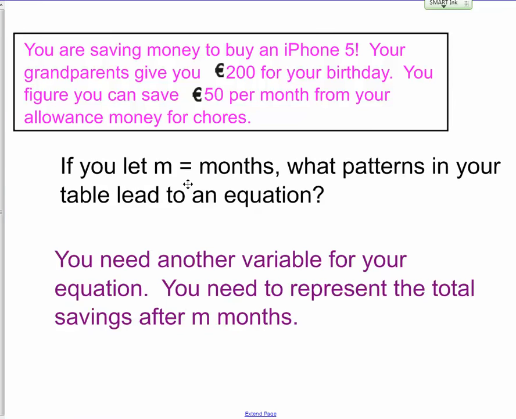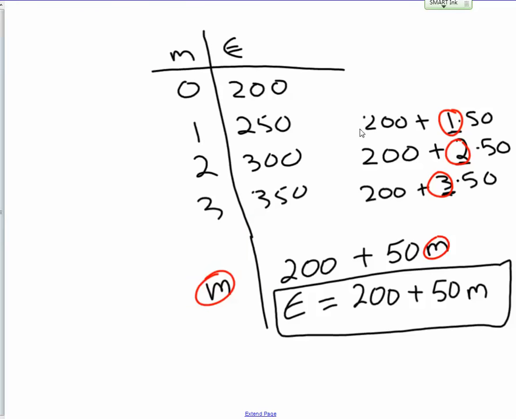Then in terms of an equation, if we let m be the months, what patterns in your table would lead to an equation? And then we needed another variable to represent the savings after m months. And so we looked at the pattern in your table, and at 1 month, Jabari had the €200 from his grandparents plus one group of €50 because he had 1 month of saving, and that's how we get €250.